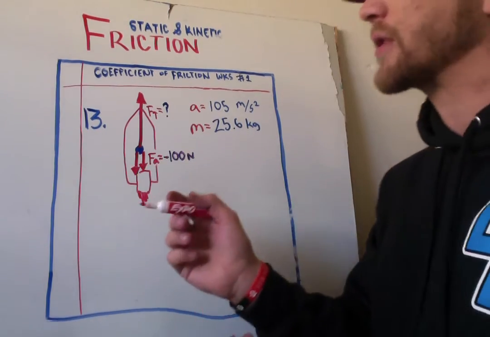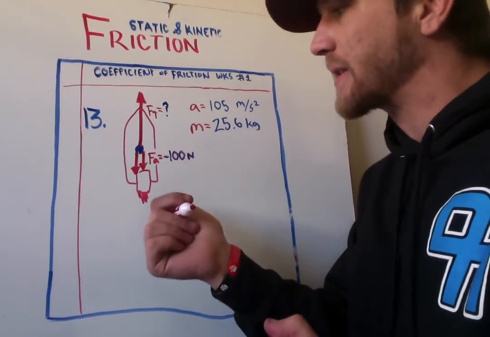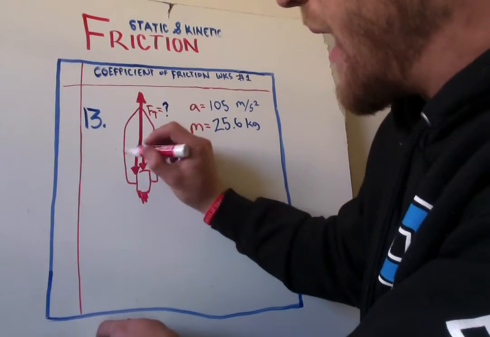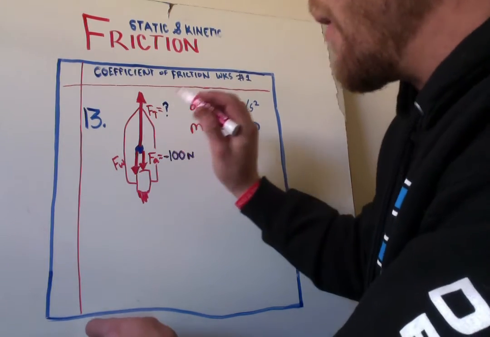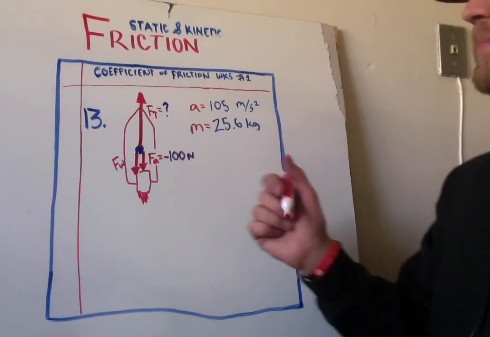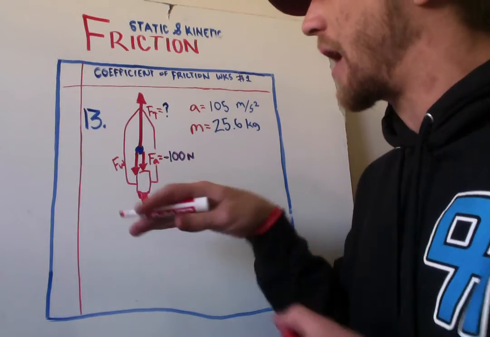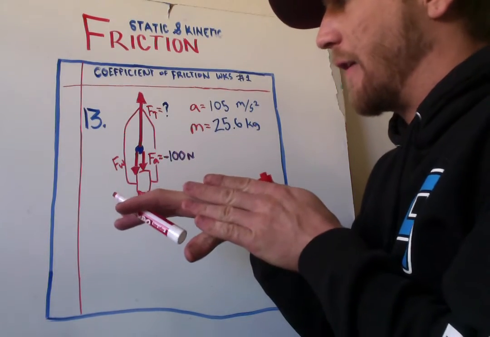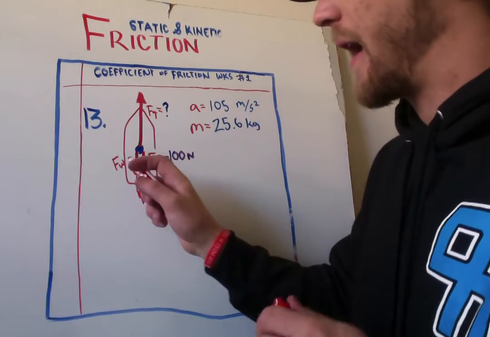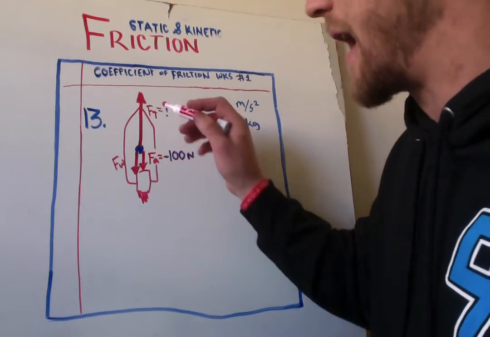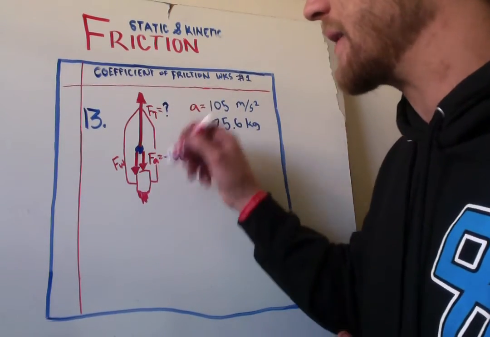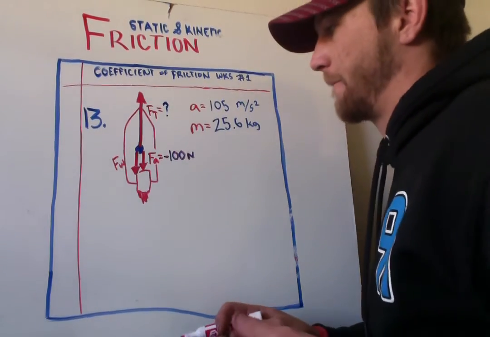If you draw a force body diagram of any object, you're going to want to factor in the weight of that object. So the F of W. And seeing that this rocket is not on a flat surface, right? That force of weight, it doesn't have a normal force, right? It's in the air. So the force of weight is going to be factored into it.